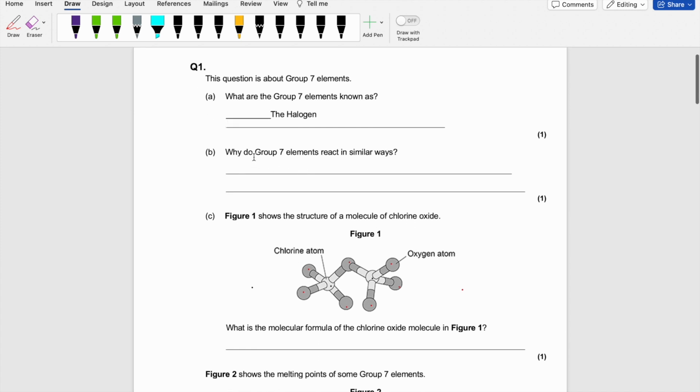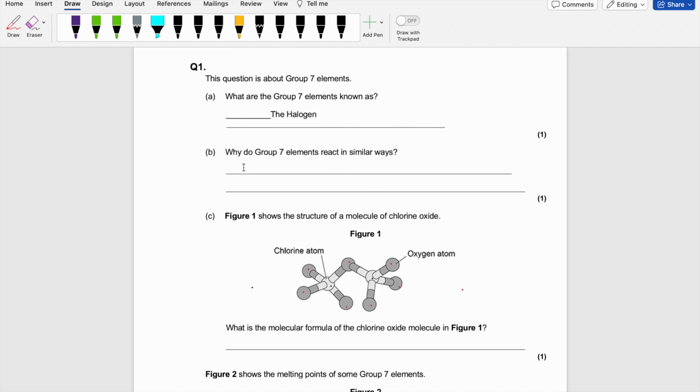It says, why do group 7 elements react in similar ways? Well, all group 7 elements are in group 7. They're in the column going down that says group 7. So they all have something in common. They all have 7 electrons in their outermost shell, which means that they react in similar ways because they've all got that thing in common.